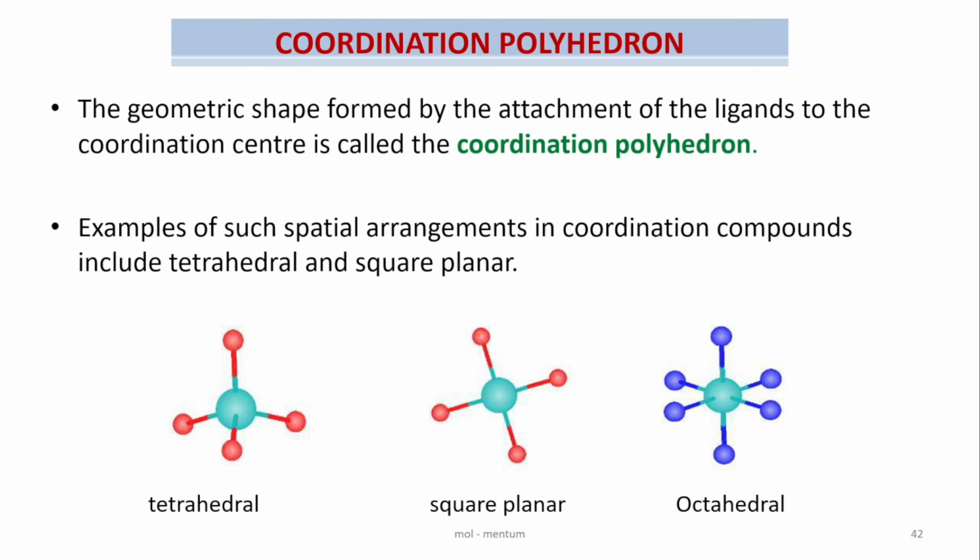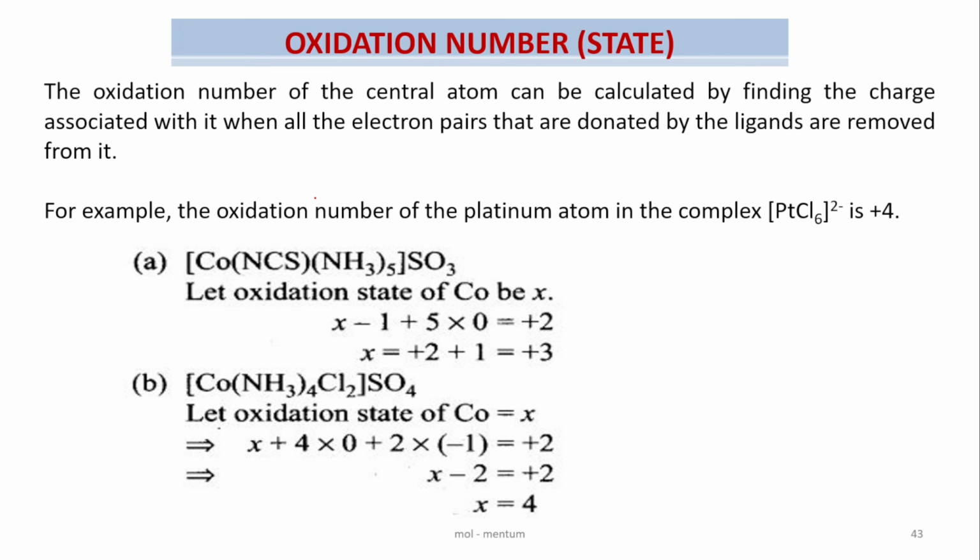Now let us calculate this oxidation number. I told you the contribution of ammonia is zero because it is a neutral ligand. NCS has a charge of -1. Now we have to calculate for cobalt, so I will assume it as X. So X, plus the contribution by NCS, -1, plus 5 times ammonia, but the contribution of ammonia is 0, is equal to... Now when this complex undergoes ionization, anything written outside the bracket is going to ionize.